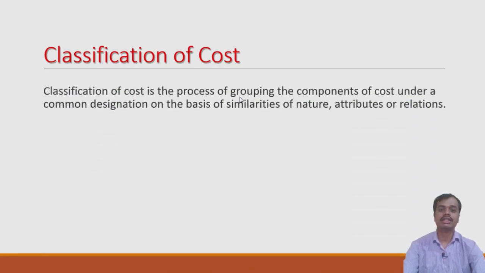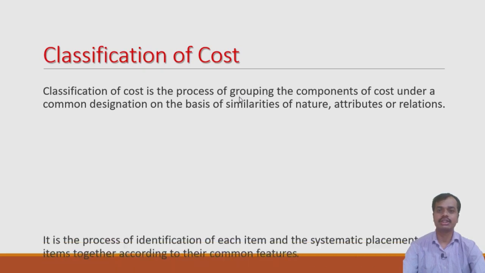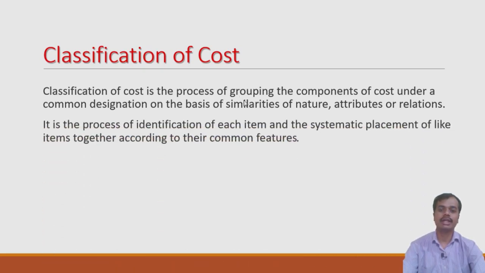Classification of cost is the process of grouping the components of cost under a common designation on the basis of similarities of nature, attributes, or relations. It is the process of identification of each item and the systematic placement of like items together according to their common feature.